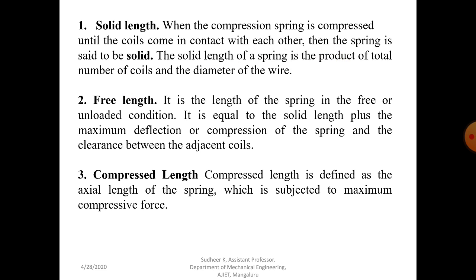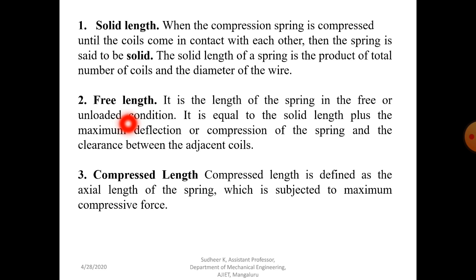Already we discussed, there should not be any gap between the two coils. That condition is called solid. The solid length of the spring is the product of total number of coils and diameter of the wire. So if you know how many coils are there in the spring, and multiply with the diameter of the wire, that will give you the solid length.